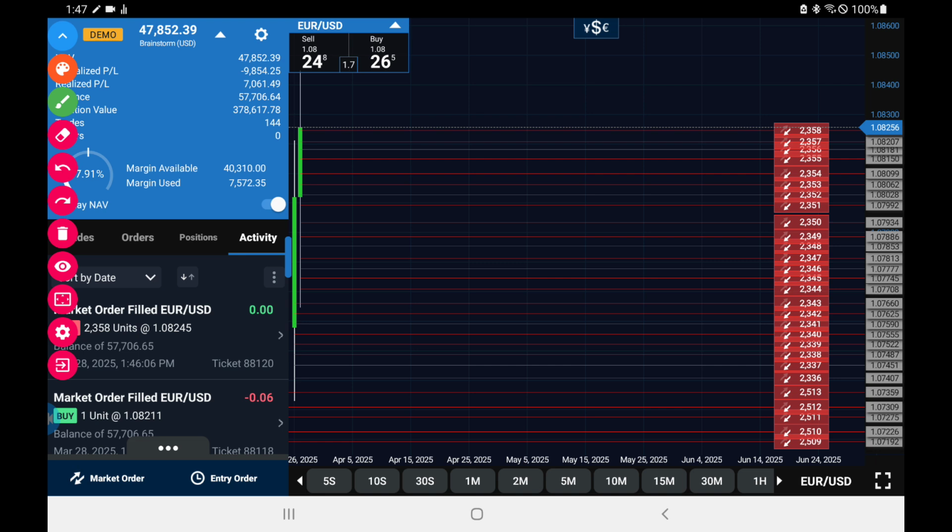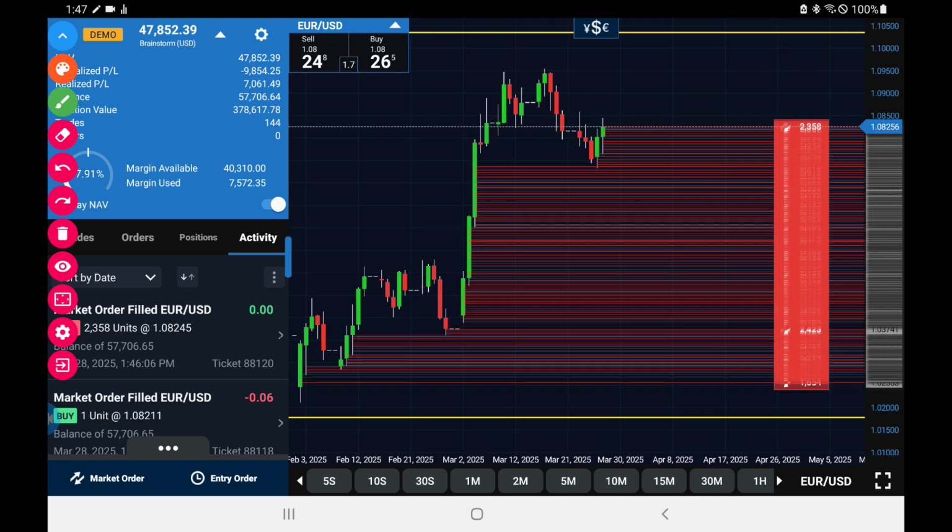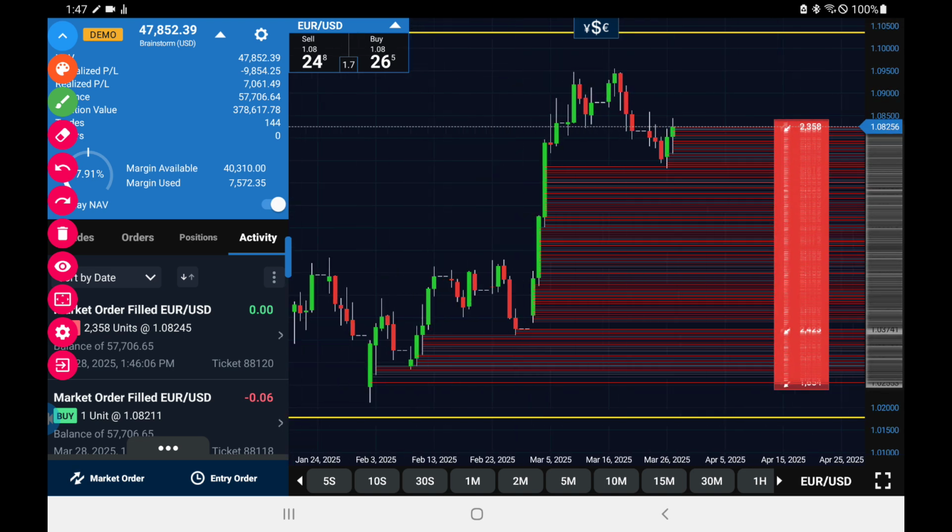That was a critical problem with my algorithms. My algorithms required a very specific entry point, and if I missed it, I missed the opportunity. And I would have to wait until the next opportunity. A good example on the chart we're looking at is right here.